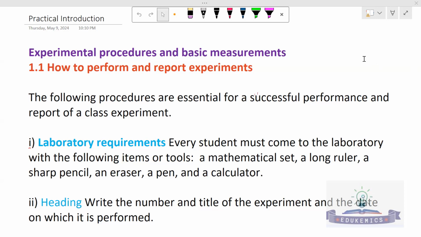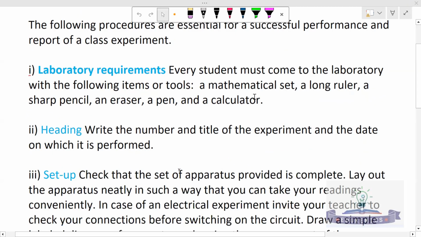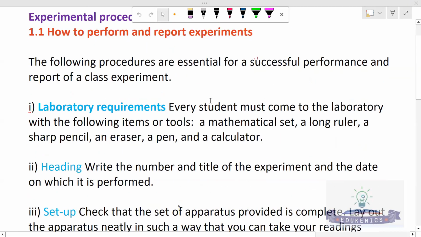So we'll begin by looking at experimental procedures and basic measurement. Now, how to perform and report experiments for the WAEC exam. So the first thing you have to look at is the laboratory requirement.